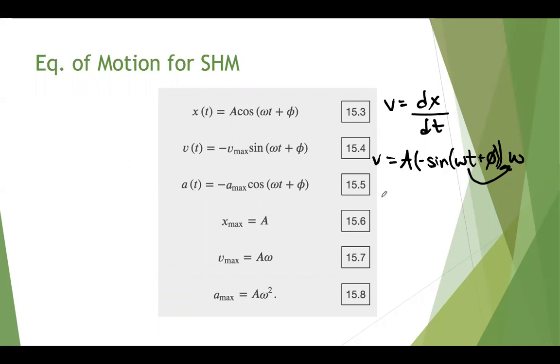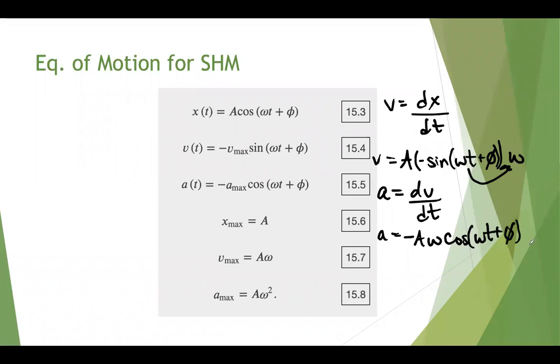So then we want to find our acceleration. Our acceleration is going to be dv dt, right? So we do the same thing again. We have negative A omega. Now take the derivative of sine here, which is going to be cosine of omega t plus phi.